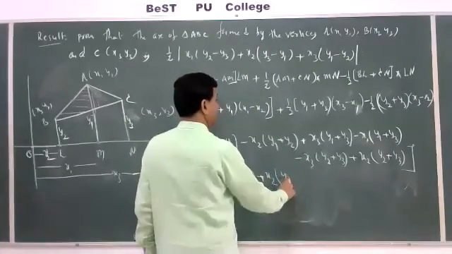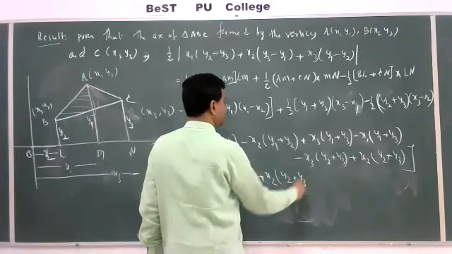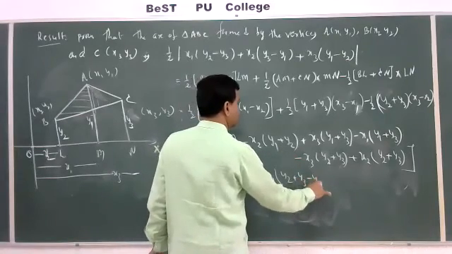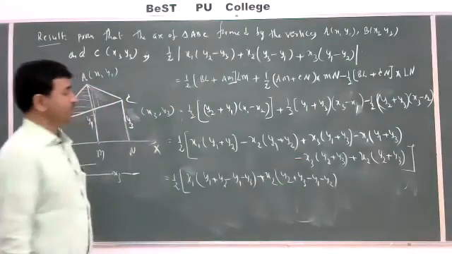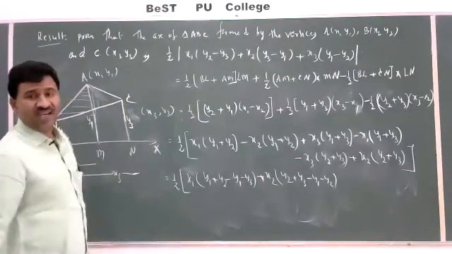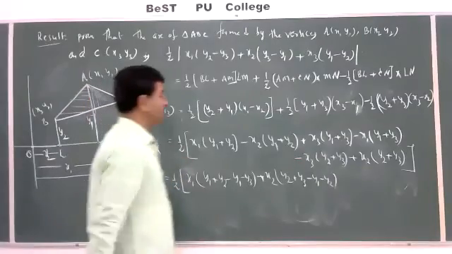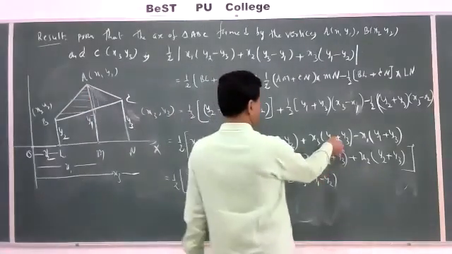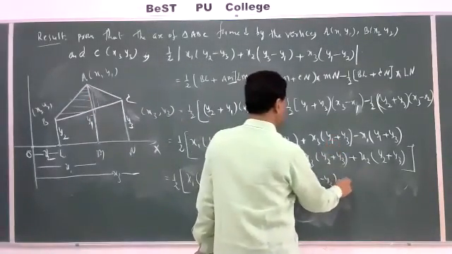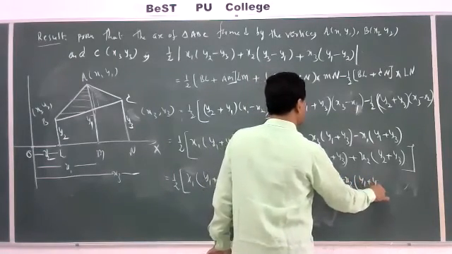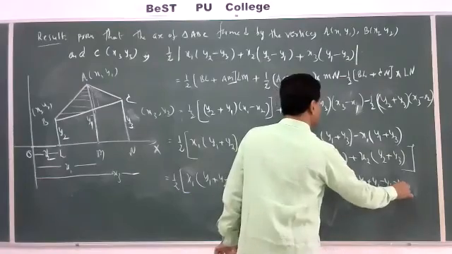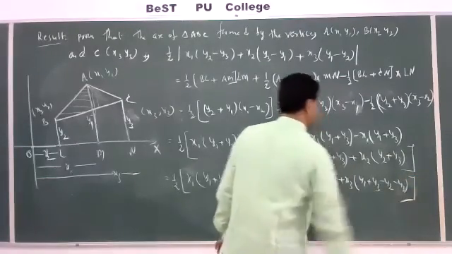Write this one: y2 plus y3. First I am writing the positive term, minus of y1 minus of y2. Next, taking x3 common. Third term and fifth term. Plus x3 common: y1 plus y3 minus of y2 minus of y3.